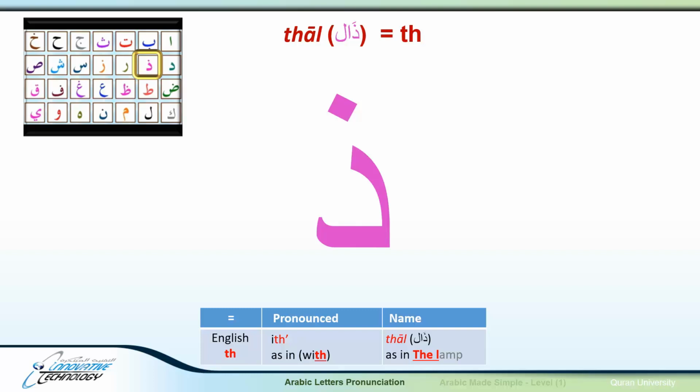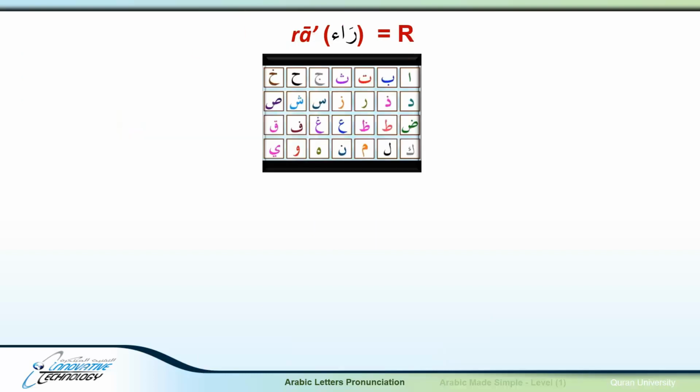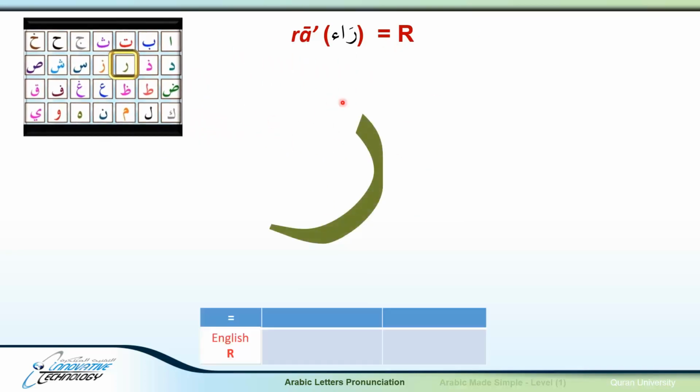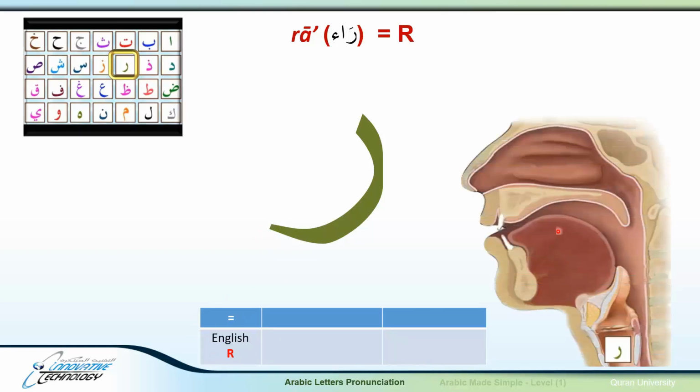The next letter is the ra. It looks like this and is equivalent to the English letter R. Pronounced as in irrelevant.